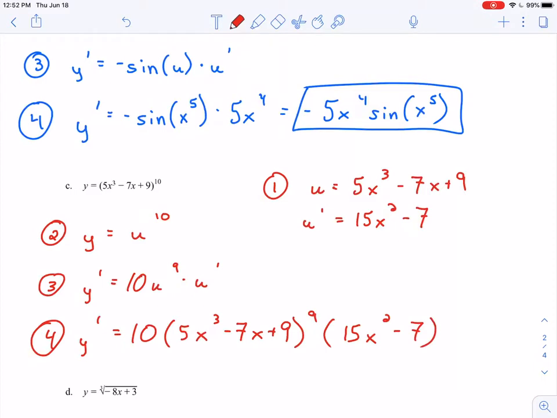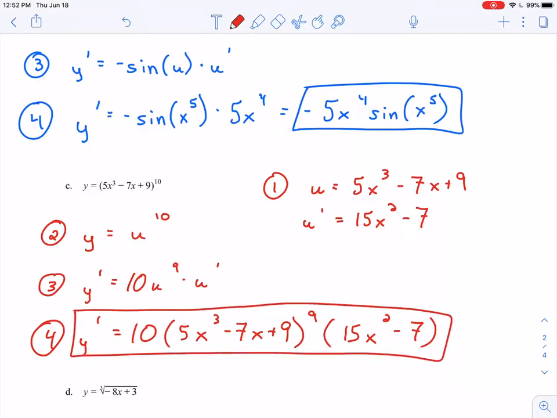If you really wanted to, you could take this 10 and distribute it over to the 15x squared and the negative 7. Honestly, I wouldn't even bother. You cannot, however, distribute this to the trinomial because of that power of 9. So I would just leave my derivative just like that and say, that's my solution.